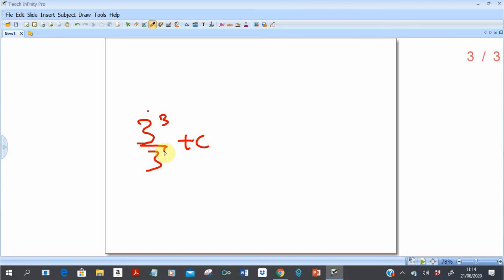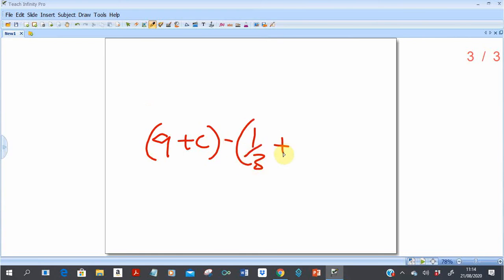So this is 3 to the power 3 minus 1. It gives you 3 to the power 2, which is just a 9. So therefore we have 9 plus c, minus 1 over 3 plus c.